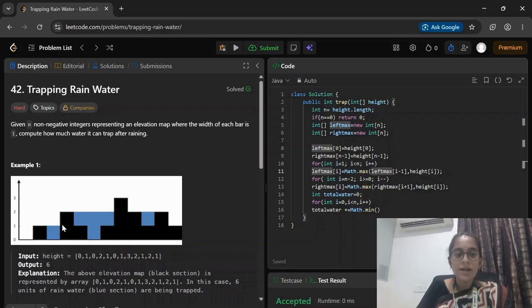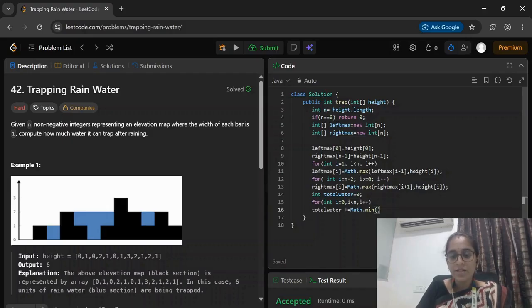So here 1, 2, 3, 4, 5, 6. Through this formula it calculates the units, and in the end we return the total water stored here.